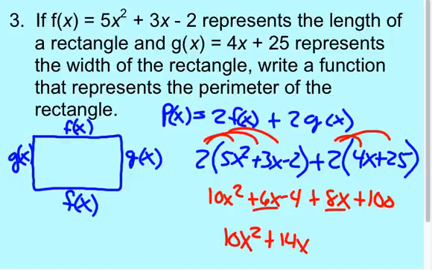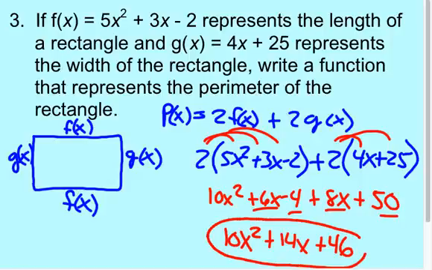And finally, oh wait a minute here, 2 times 25 is 50, sorry about that. Then we got negative 4 and positive 50, that's going to be plus 46. So there's your perimeter function right there. You could call it p of x for perimeter if you wanted to. Very good.